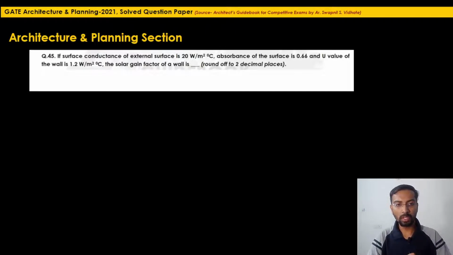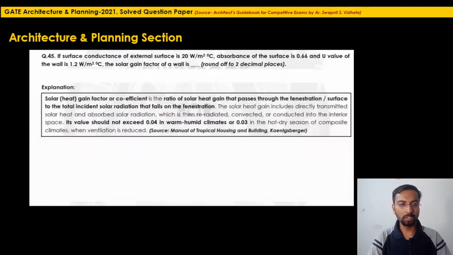Now what is solar gain factor? The definition given is: solar heat gain factor or coefficient is the ratio of solar heat gain that passes through the fenestration to the total solar radiation incident on that particular fenestration. So solar heat gain includes directly transmitted solar heat and absorbed solar radiation, which is then re-radiated, convected or conducted into the interior surface.